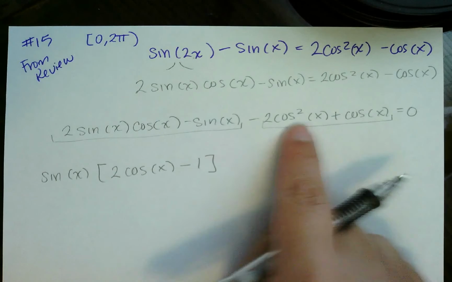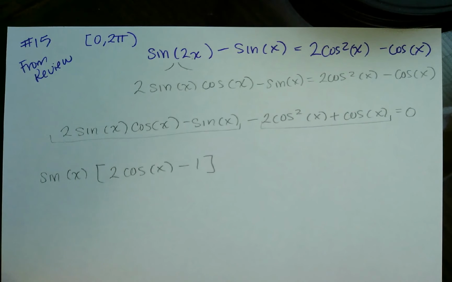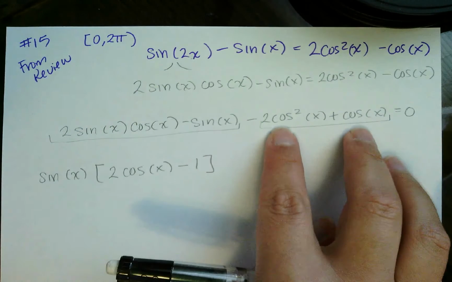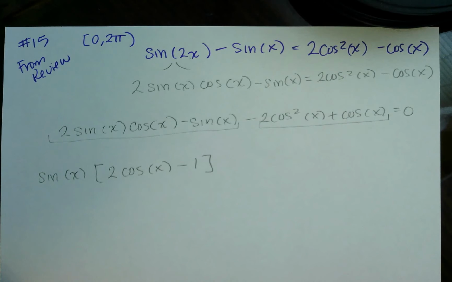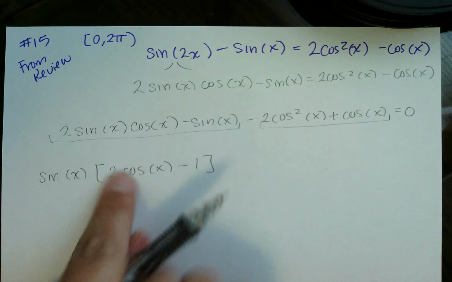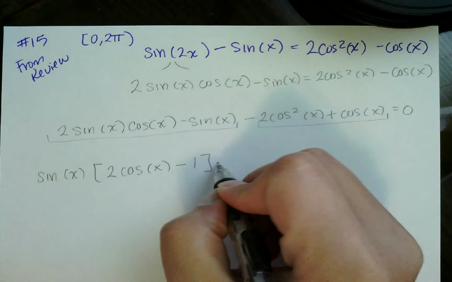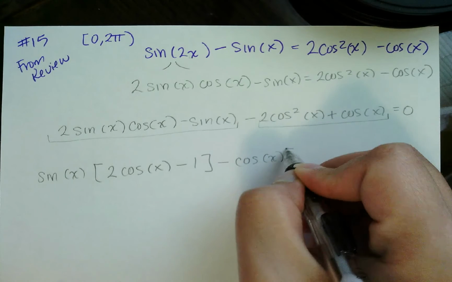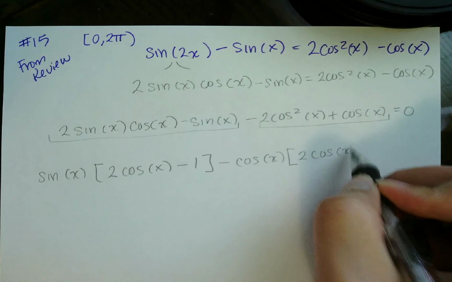And for this guy, what am I going to factor out? From your cosine guys, is it cosine of x? Positive or negative? Negative. Because if this 2 is positive here, I want to make this 2 positive here. So negative cosine of x. So you get positive 2 cosine of x left there.